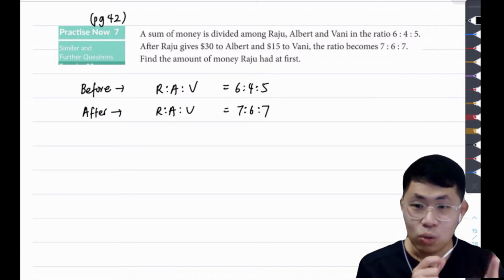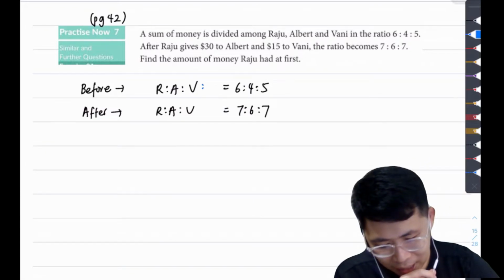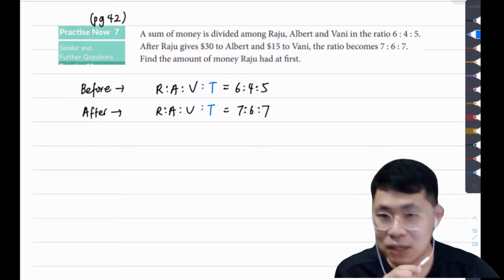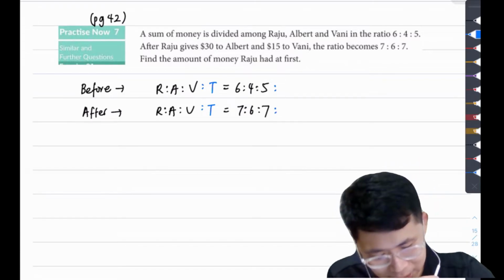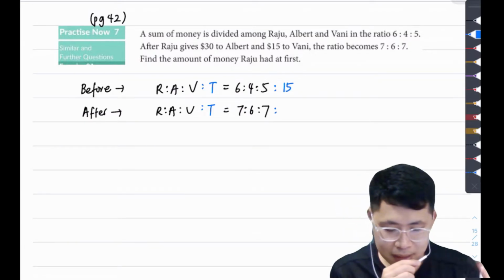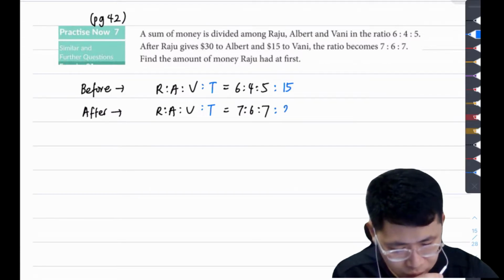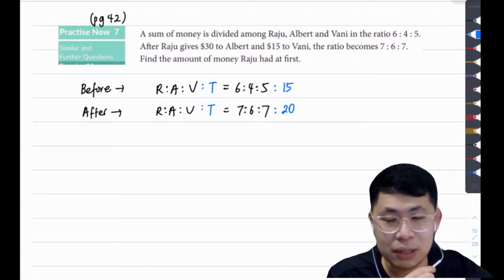So actually the total amount of money is the same. Let's find how many parts we have for the total. Over here the total parts 6 plus 4 plus 5 would be 15 parts. The other side 7 plus 6 plus 7 would be 20 parts.